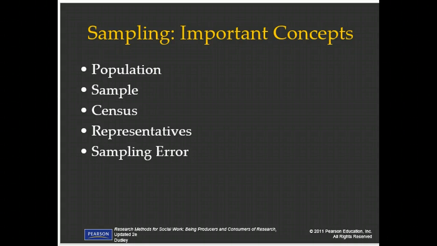And then the last concept that your chapter talks about is sampling error, and this is simply a range, because unless we're doing a census, we cannot say with high specificity that this is the exact number. Your book gives an example, and you may see this in political polls, which I think are the best place to see sampling error.